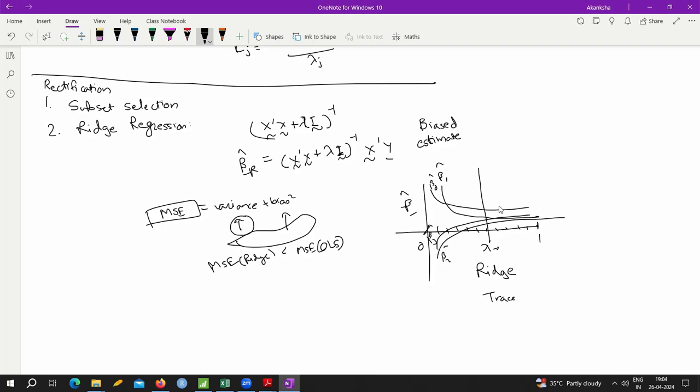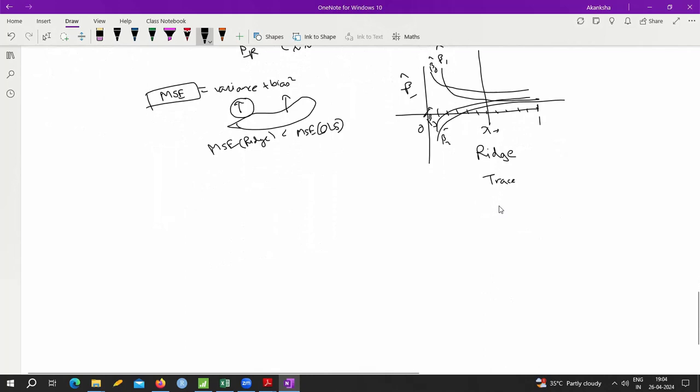And a third way to rectify multicollinearity is what is known as principal component regression. So you have already studied principal component analysis in multivariate, and you know PCs are orthogonal, that is they are uncorrelated. So if my regressors are highly correlated, then we will compute P1 as the score on the first PC, P2 as the score on the second PC, P3 as the score on the third PC, and so on.